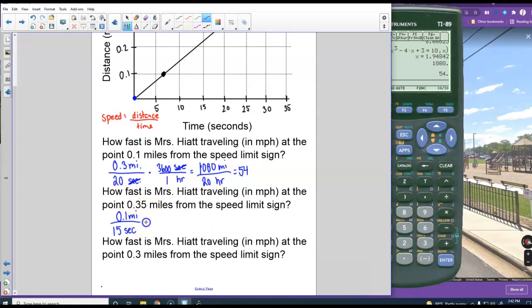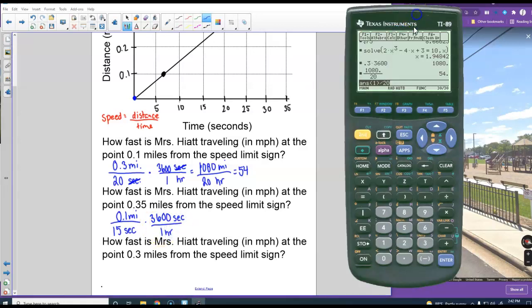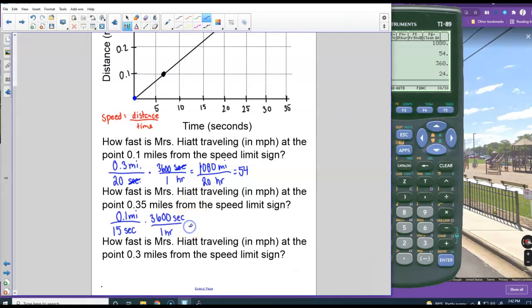And so we got to do the same thing here. We got to multiply this by 3,600 seconds over 1 hour. So 0.1 times 3,600, divided by 15. So now, we're going 24, and I should put miles per hour here.